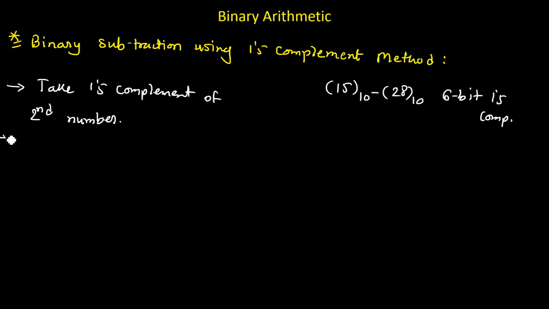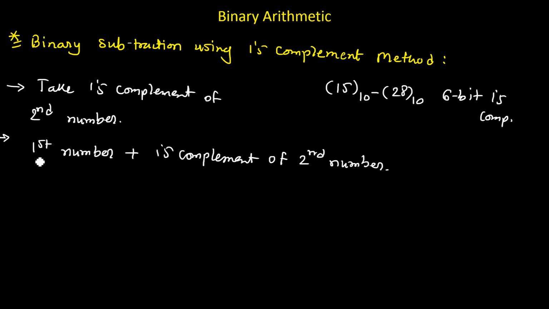Second step, addition process: first number plus first complement of second number. Add both the numbers.